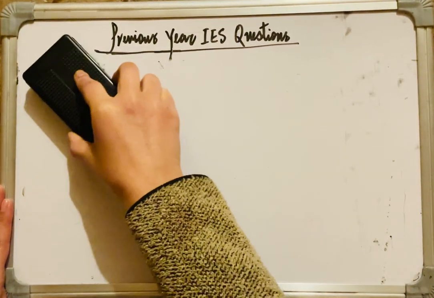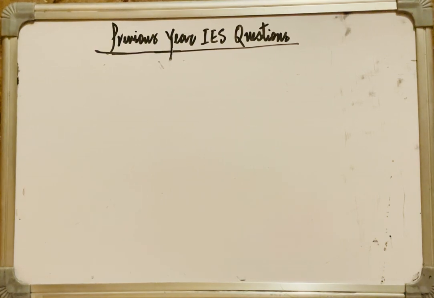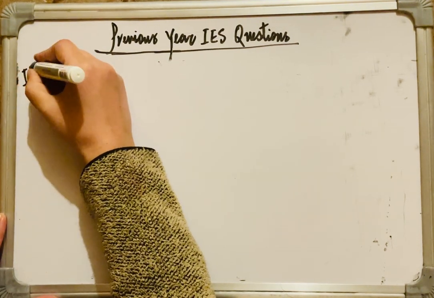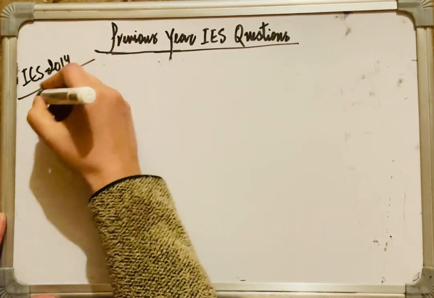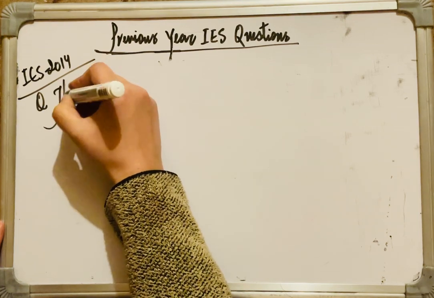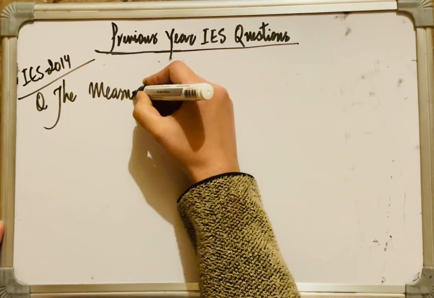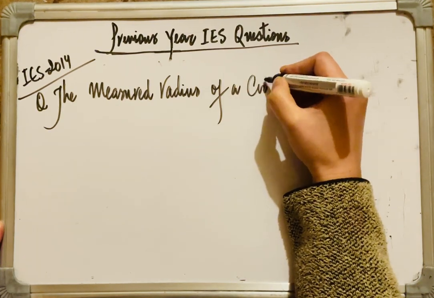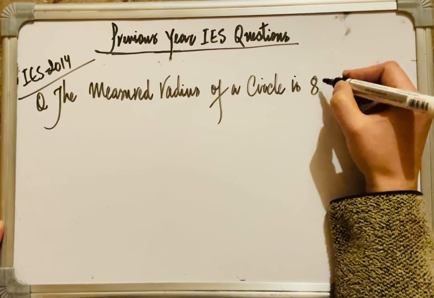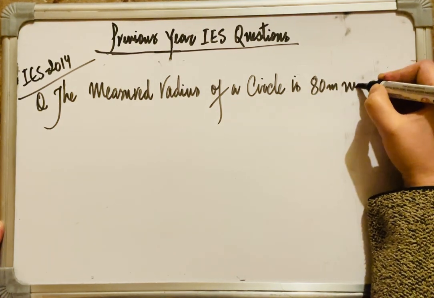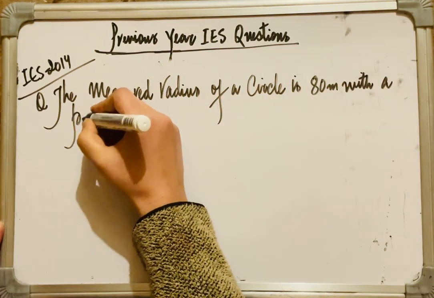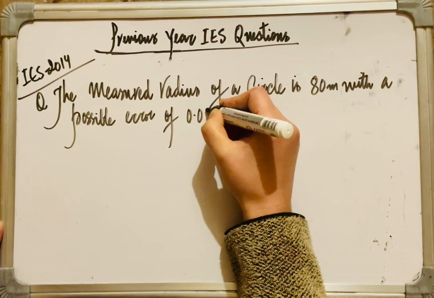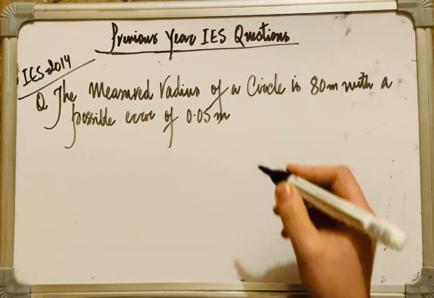All right, now this question was asked in IES 2014, and the question is, the measured radius of a circle is 80 meters with a possible error of 0.05 meters in its diameter.